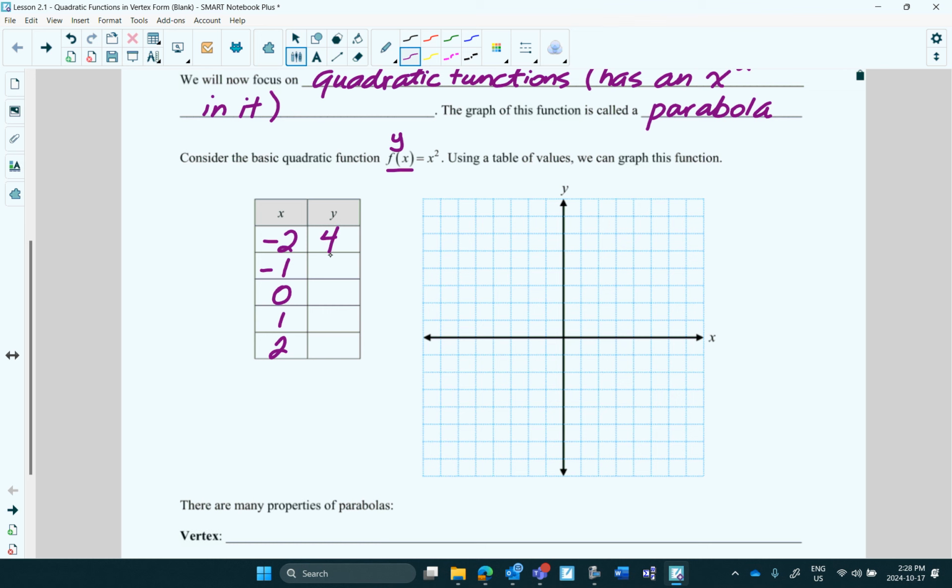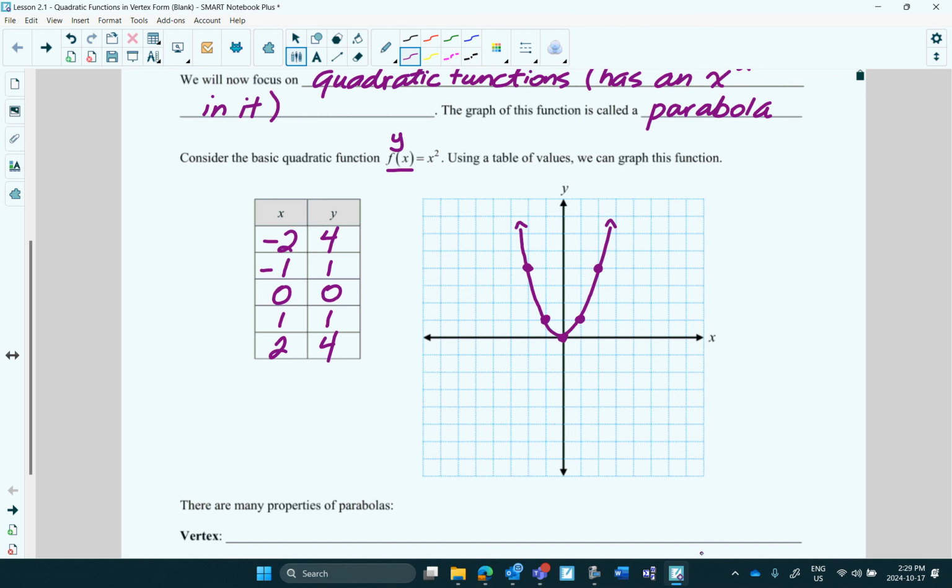If x is -1, 1. If x is 0, if x is 1, and if x is 2, 4. -2, 4. -1, 1. 0, 0. 1, 1. 2, 4. And we see the sort of U/V shape.